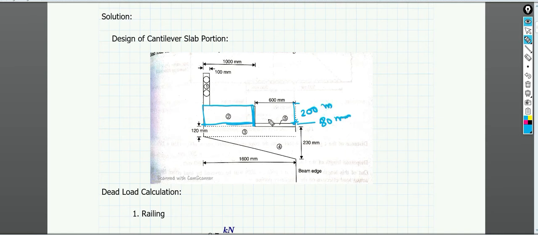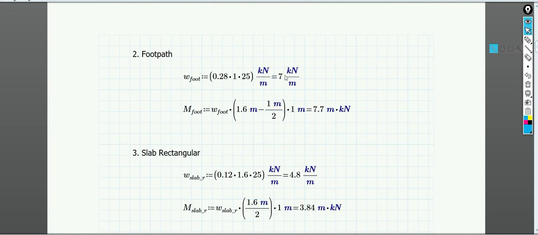So total height of this footpath is coming out to be 280 mm, and the width of this footpath is 1000 mm. It is given. So from this you can easily find out the weight of this footpath. So here you can see 0.28 into 1 meter is the width, 0.28 is the depth, into 25, which is coming up to 7 kilonewton per meter.